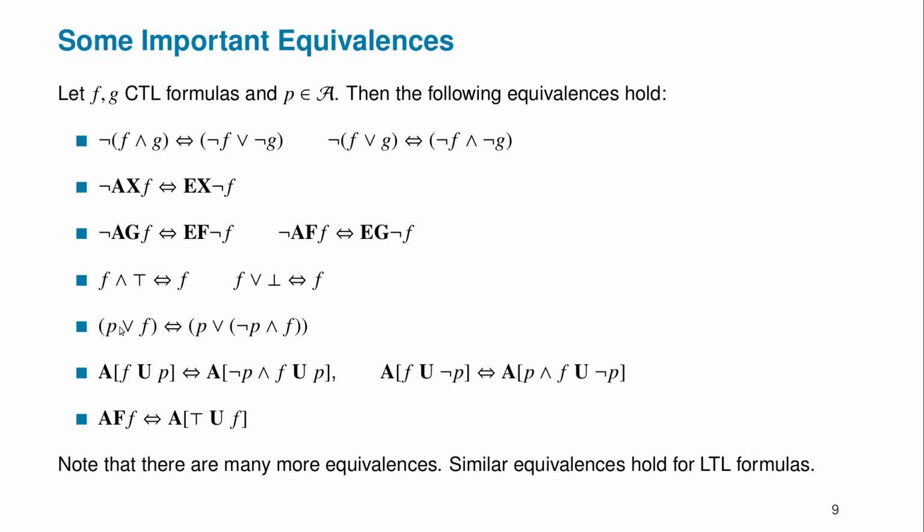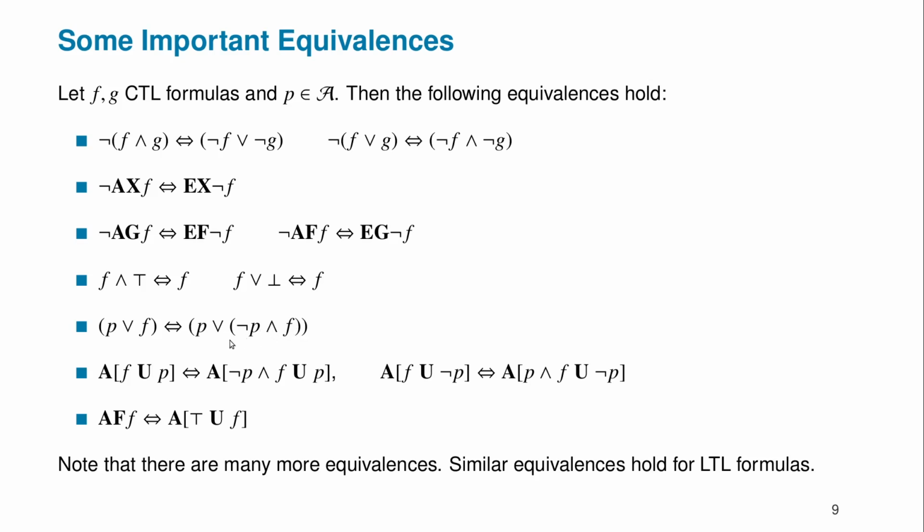If P is true, then the whole disjunction is immediately true. If P is false, then F has to be true in order to make the formula true. But if P is false, then not P is true, and therefore the value depends only on the F. Therefore, we can add here this not P in front of the F.